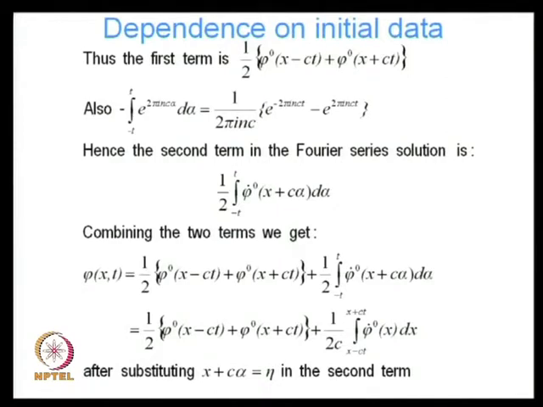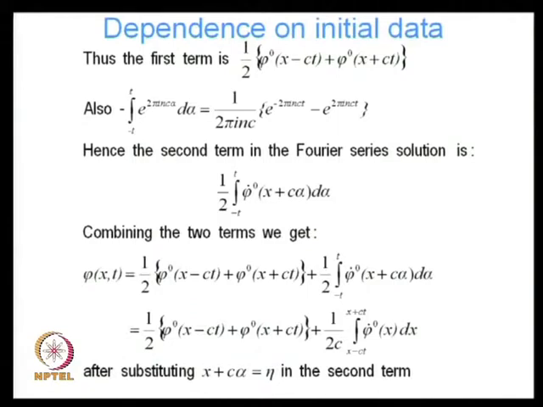It does not appear because of the nature of my eigenfunctions and things like 2 pi i n c t. Because of that it does not really appear in my solution, right. So, the initial condition is such that it automatically satisfies the boundary condition. The initial condition is consistent with the boundary condition.